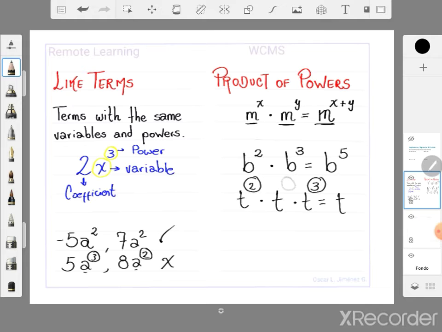We don't have a number there, but we can suppose that there is an invisible number, and the number is 1. So please be careful. What is 2 plus 1 plus 3? It is 6. So remember, when you multiply powers with the same base, you keep the base, the letter, and you add the exponents. Okay, that's it.